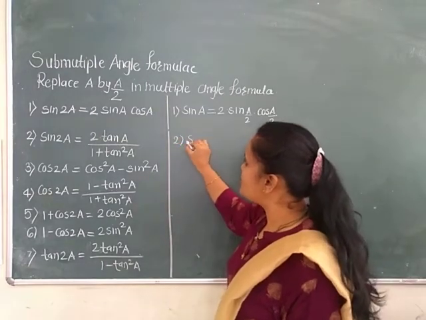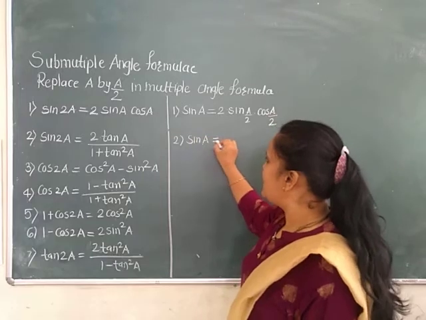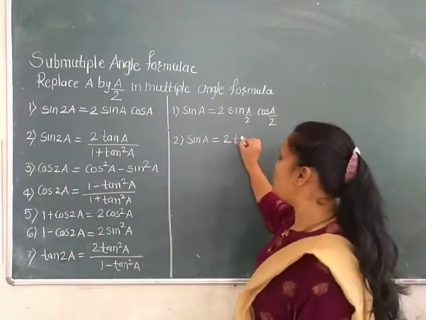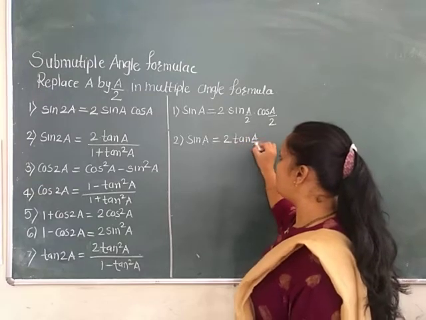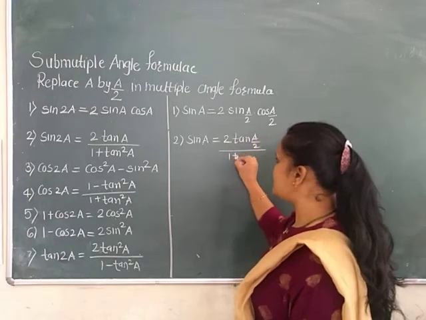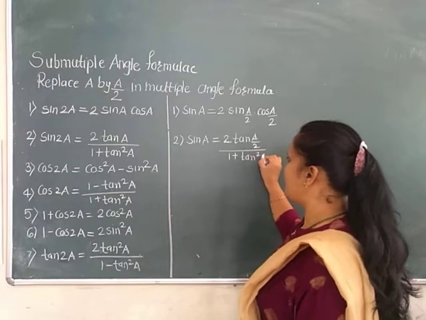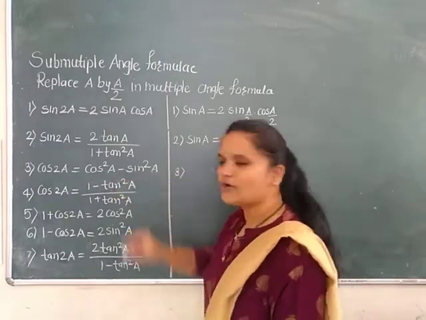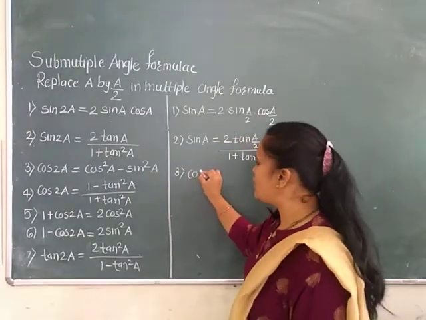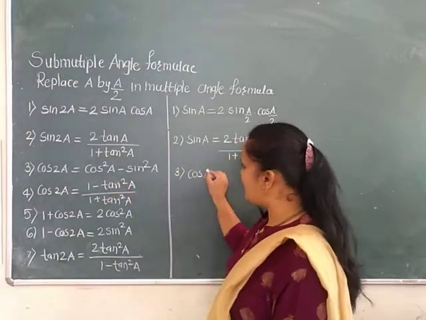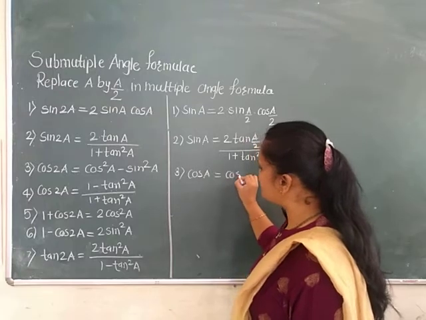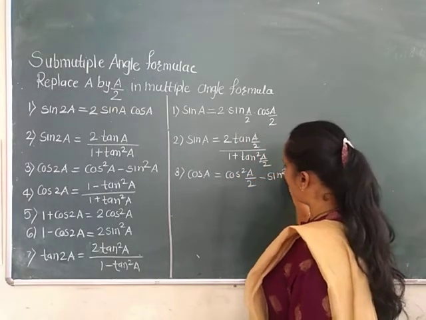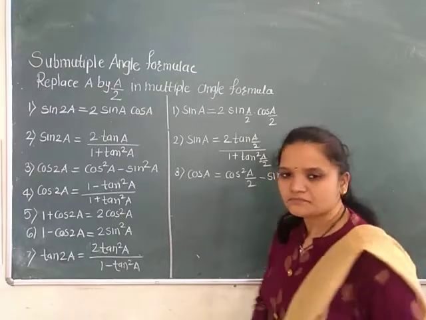Second formula is of sin a again. Here a is replaced by a by 2: sin a is equal to 2 into tan of a by 2 upon 1 plus tan square a by 2. Third formula: cos a is equal to cos square a by 2 minus sin square a by 2.